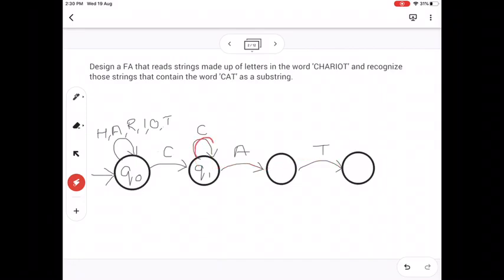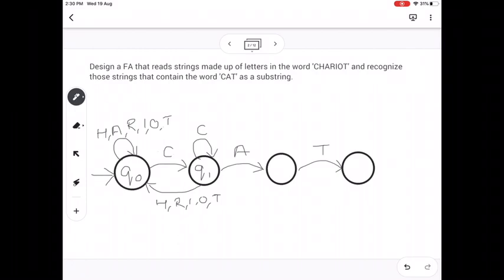Okay, we are getting CAT. So, I have put self loop over here. Then for remaining characters, I go back to my initial state, that is HRIOT. Okay. Now, we have done with Q1.